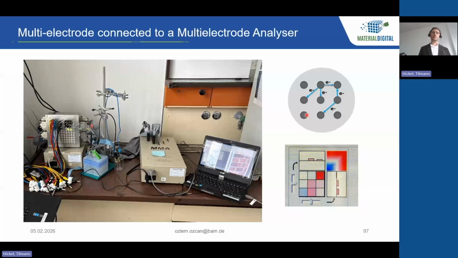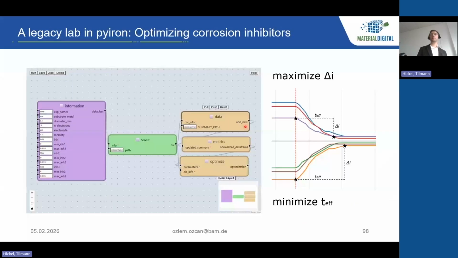I cannot comment on all details, but that's the kind of Python-based screenshot. You have your parameters to run your electrochemical experiment. You have this saver, and you have then this optimization loop in order to handle these kinds of electrochemical profiles where you then want to optimize certain parameters.